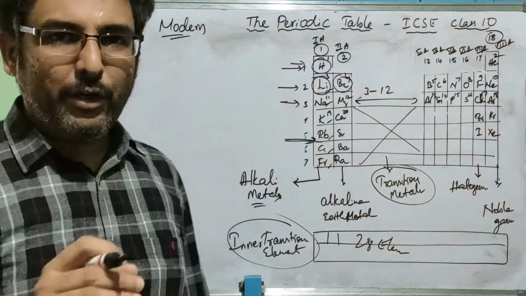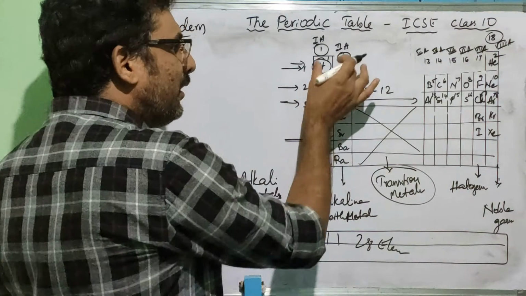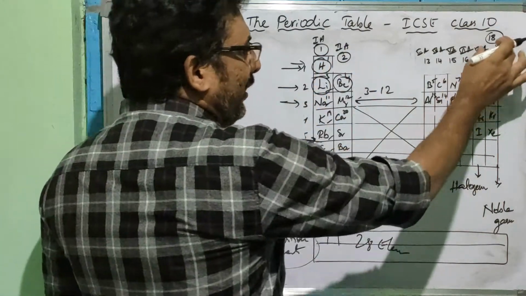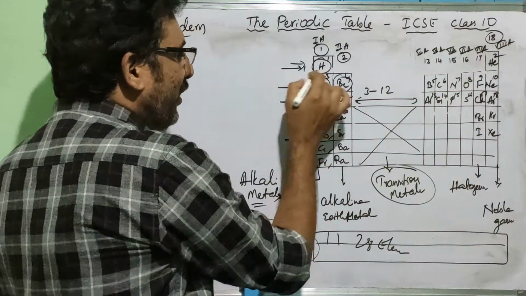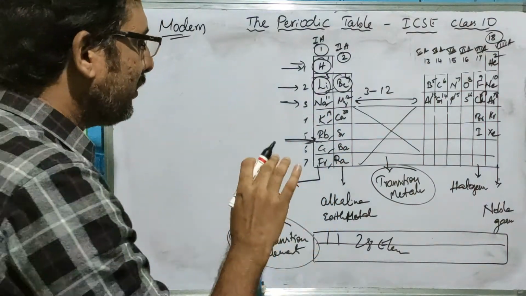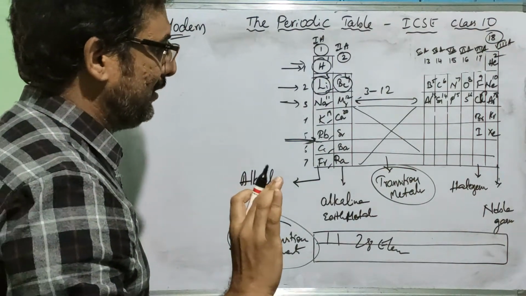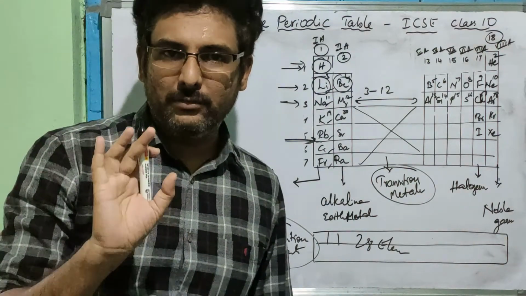So from the exam point of view, you have to remember the first 2 groups, the last 2 groups and the first 3 rows in order.